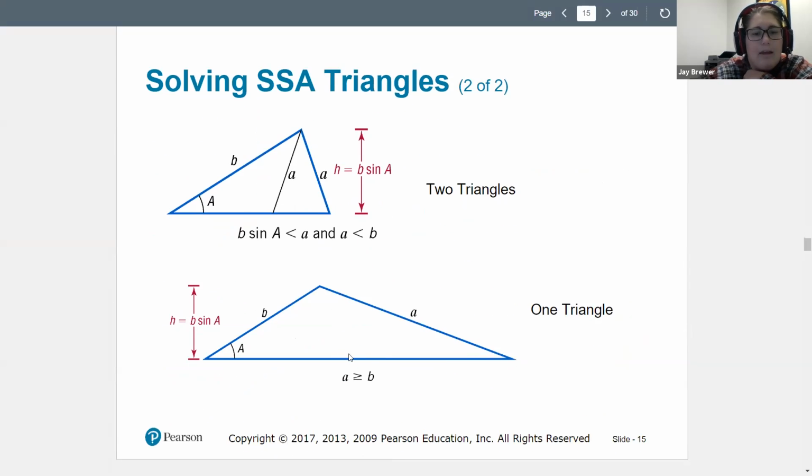If b sine A is less than a and a is less than b, you end up with two triangles, so two triangles in one. And the last option is one triangle, but it is not a right triangle. That's when a is greater than or equal to b.